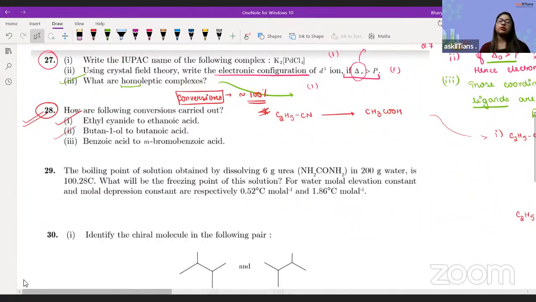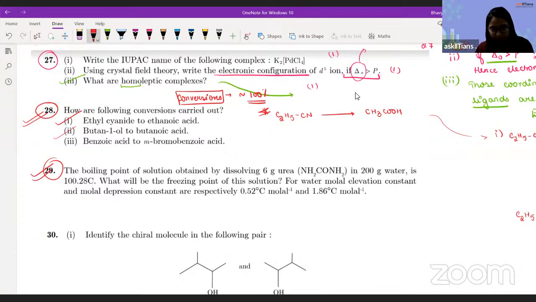Right. And then I move to our next question, which is the 29th. Now, in this question, I really wanted to discuss this one, because you can see that a lot of extra information is given. The boiling point is given as this, the Kf value is also given, the Kb value is also given, right? This is my Kb.